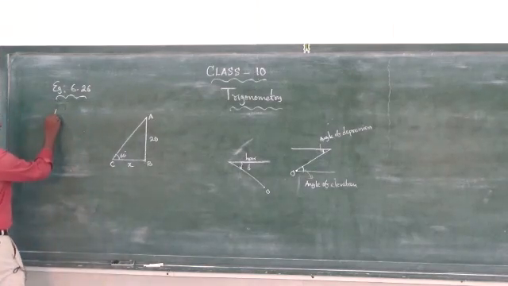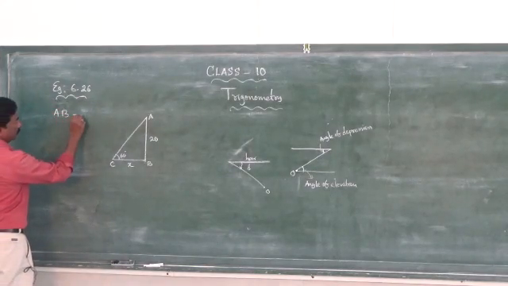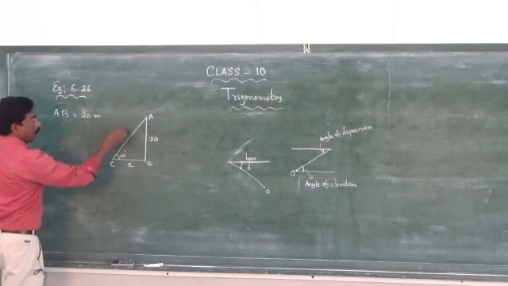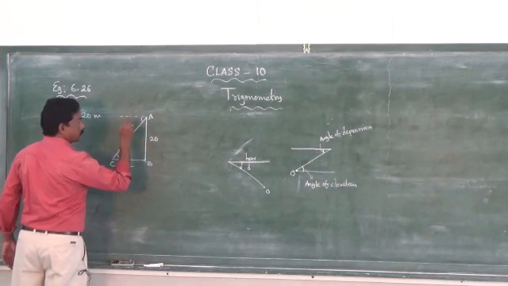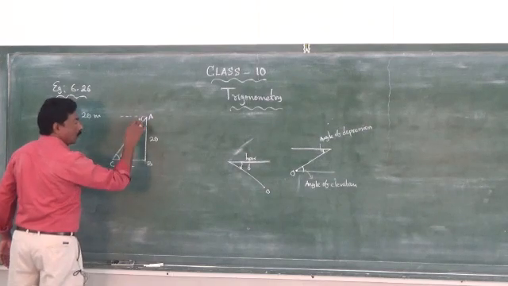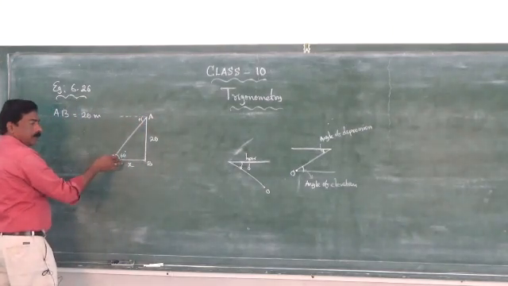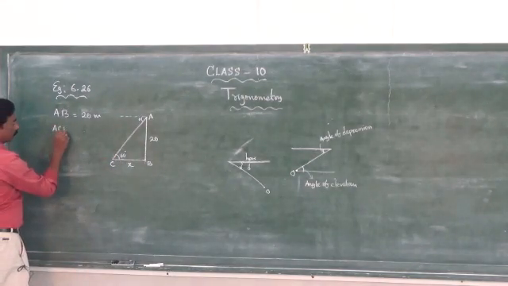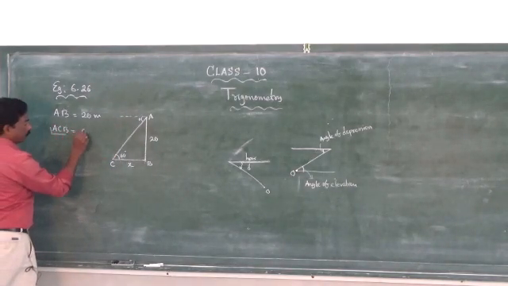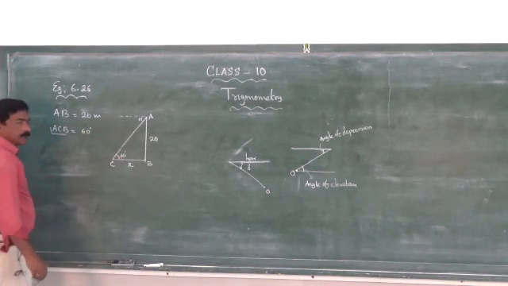So AB is the tower, and what is given? AB is 20 meters, and the angle of depression, so this angle is 60 degrees. And already I told you the angle of depression and angle of elevation are equal. So angle ACB is 60 degrees. We have to find BC.